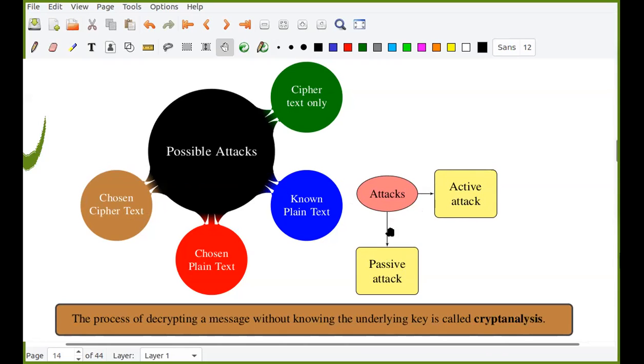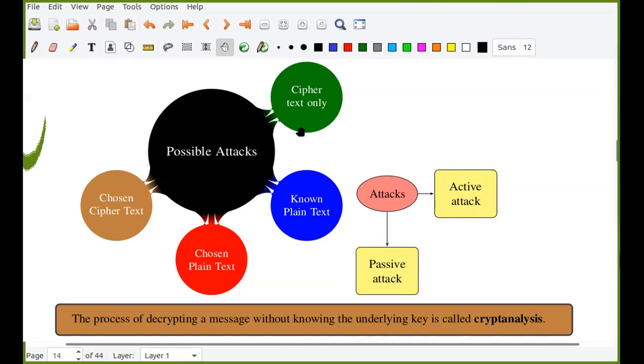Your opponent may be just a passive attacker who does not have powers, and then it is okay. But an active attacker knows many things, so we need to assume the attacker is an active attacker.